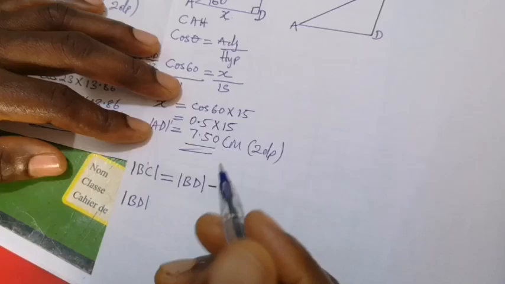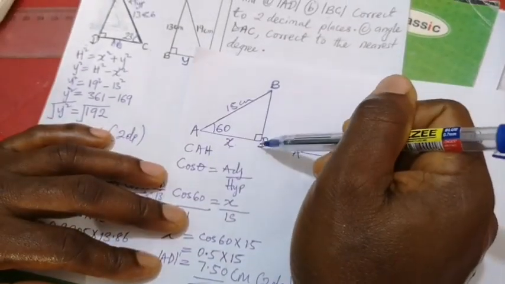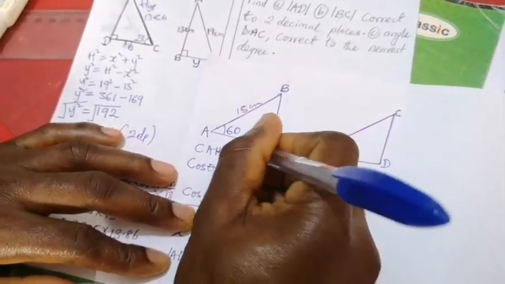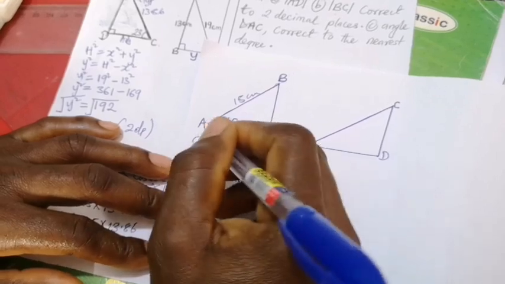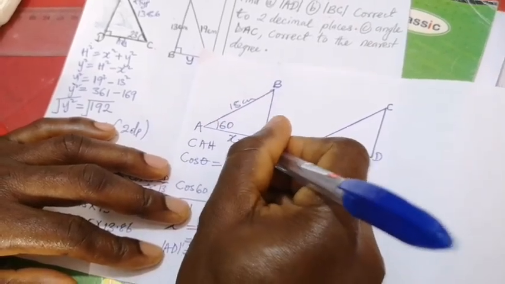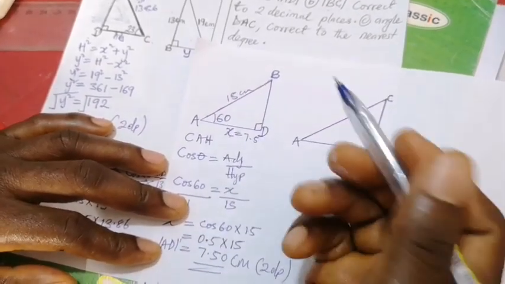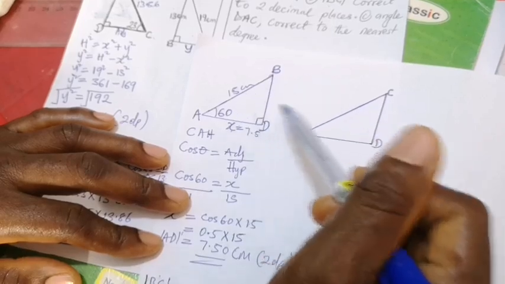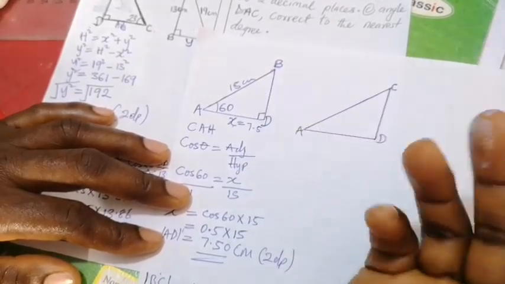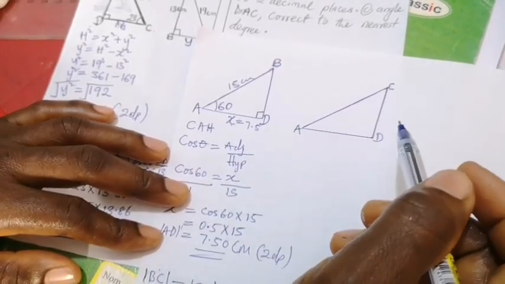Now, this is line BD. Now remember that we have gotten the value of x, which is AD, and that value is 7.5. So we can either use SOHCAHTOA to find BD, or we can use Pythagoras theorem, okay?